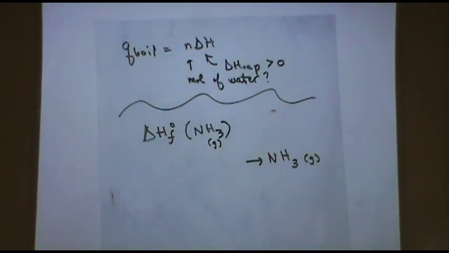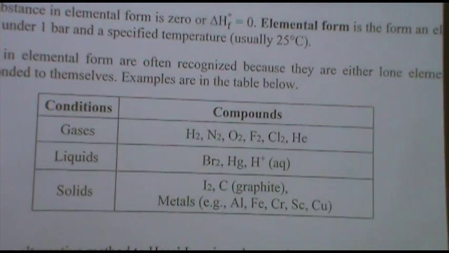Let me flip over to my reader. It'll fix itself in a second. Okay. So you need to know what elemental form is. All of these have enthalpy of formations of 0. That's assumed knowledge.